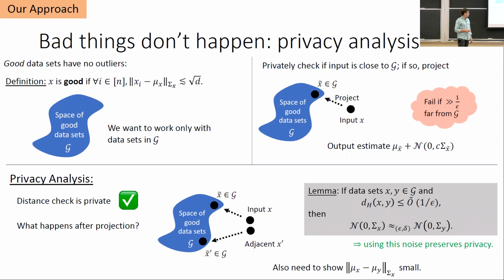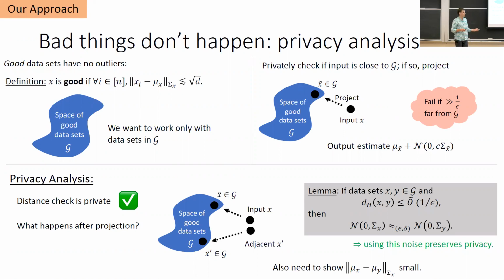So what we do is we prove one of our central lemmas that says if two data sets, x and y, are both good data sets, and their Hamming distance is no more than roughly 1 over epsilon, then, because they weren't that far away to begin with, the Gaussians induced by their empirical covariances are indistinguishable from each other.